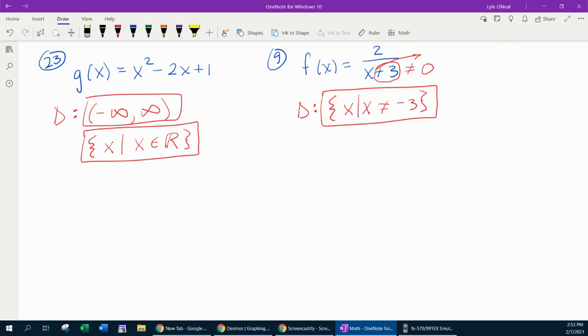So if we're going to write that in interval notation, x can be anything from -infinity up to -3, but not including -3. So here, see, we use a parenthesis that says up to, but not including -3. But then what we can do is skip over -3 and keep going to infinity.